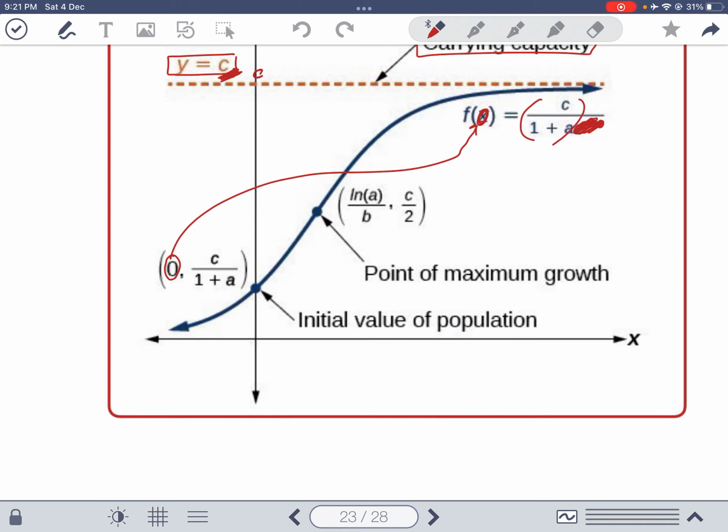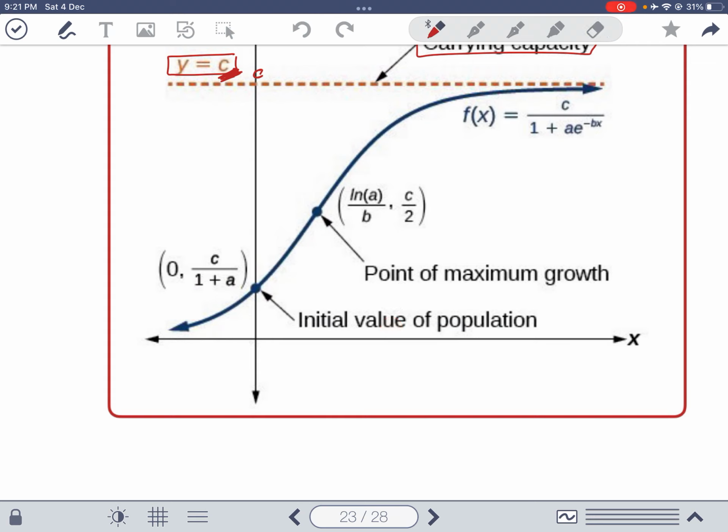So it will be c over 1 plus a. You see, c over 1 plus a is what's left when you replace x by 0. So all of this becomes 1 again, and it goes away. That's verified now. So the initial value of the population, to get it, you just put c over 1 plus a for any logistic function written in this way.